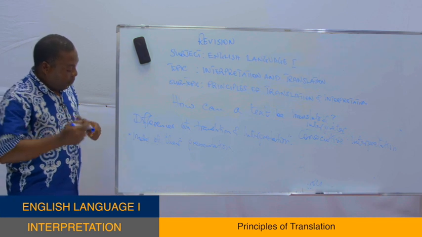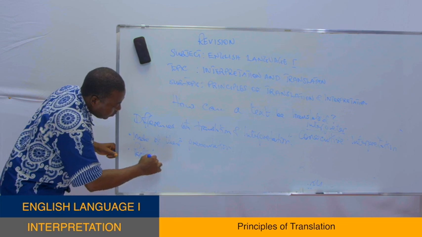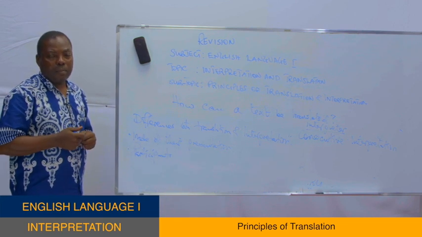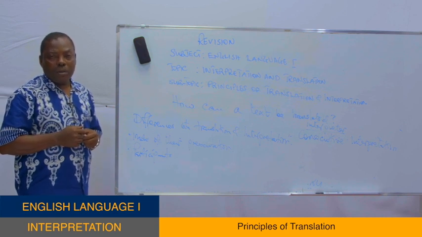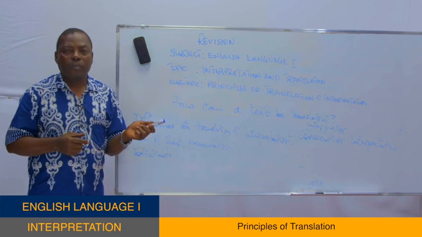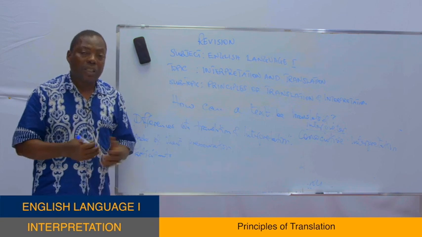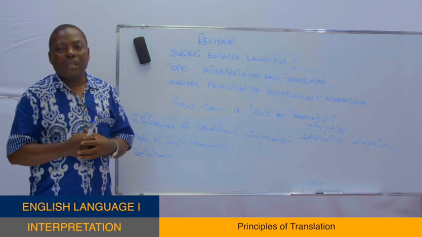That is number one. Number two, you're talking about the participants who are involved in the process. In translation, you find the translator is all alone during the task.